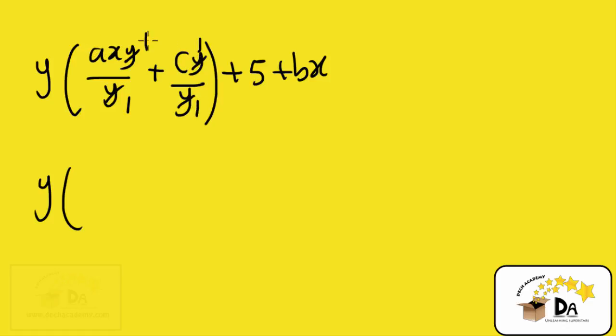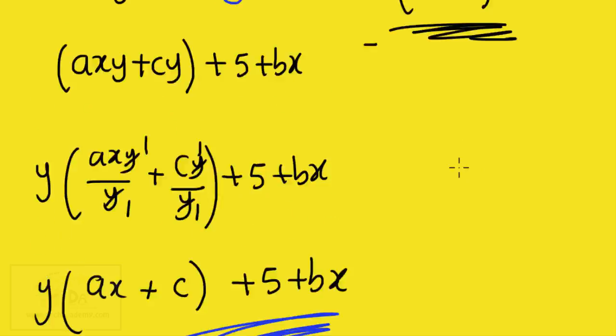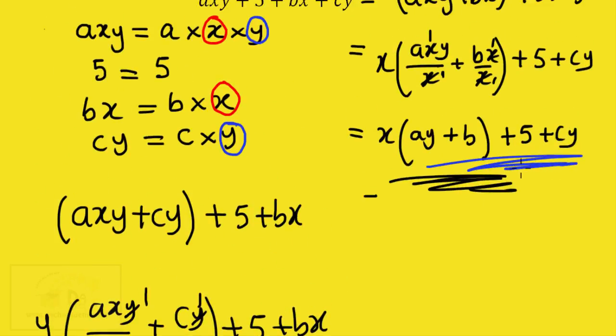It gives a times x times 1, ax divided by 1, which is ax, plus c times 1 over 1, which is c. And this is the result. So this is one possible result of the factorization, and here's another result, depending on which common factor we group the terms by, but both are correct.